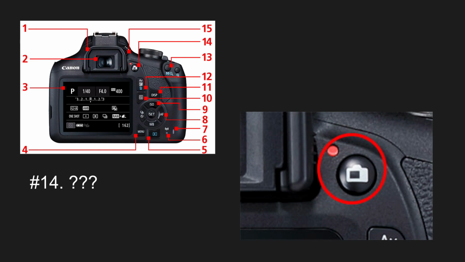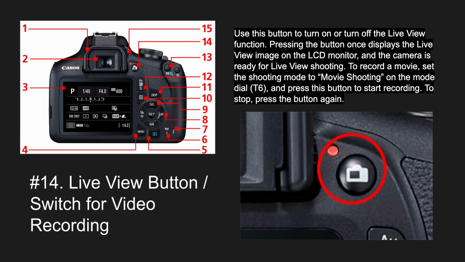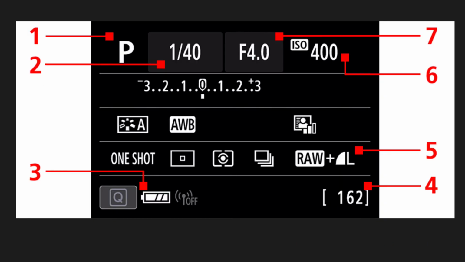All right, so live view will play back for you on your LCD screen what the viewfinder is looking at, right? It's a way for you to see what you're framing without looking through the viewfinder. Remember, I mentioned this could be really helpful if you're trying to frame something and you're not trying to do it at eye level. You can still see what you're framing without having your head to the back of the camera, okay? Or also your switch for video recording, like she said, that's totally correct.